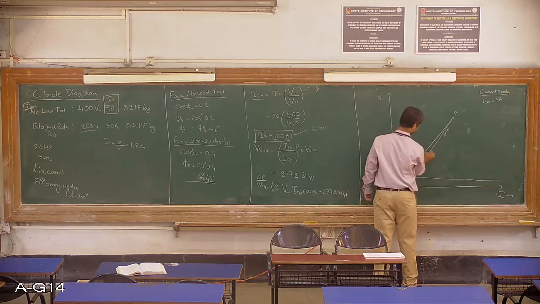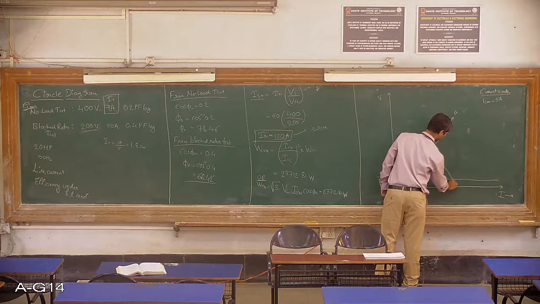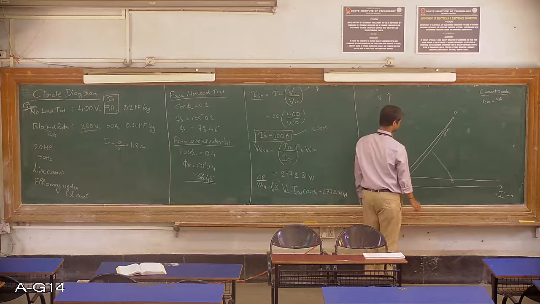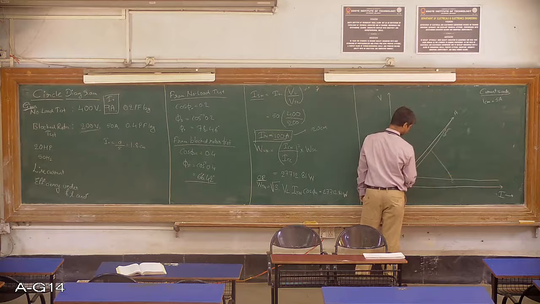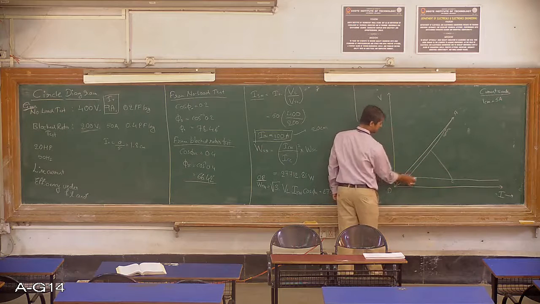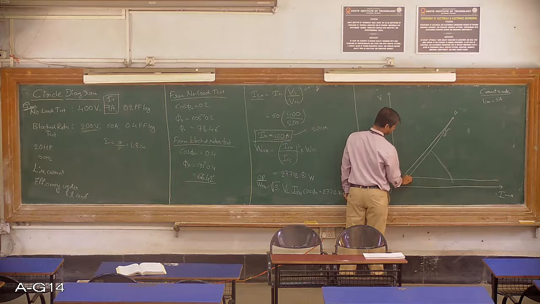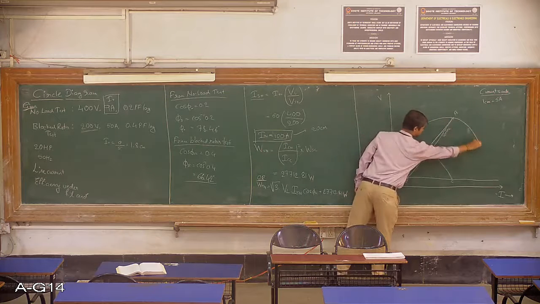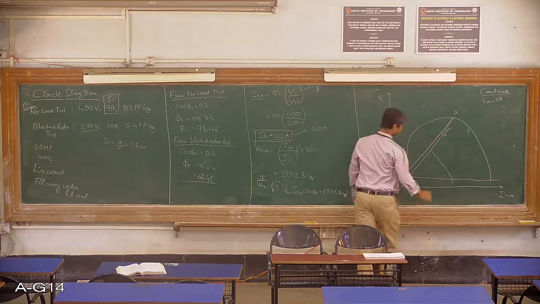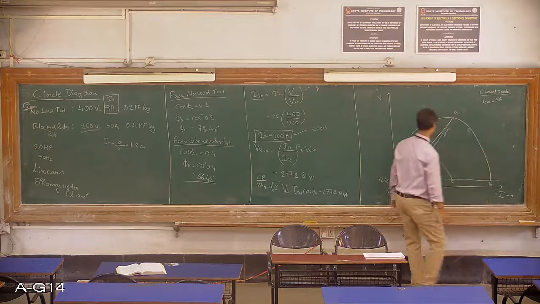So this is the bisector line, okay, and this is point C. Now keeping C as the center and O dash C as the radius, draw a semicircle starting from O dash till it reaches point B on the horizontal axis. Here I'll name this point as point B.